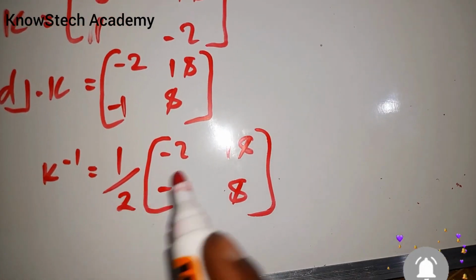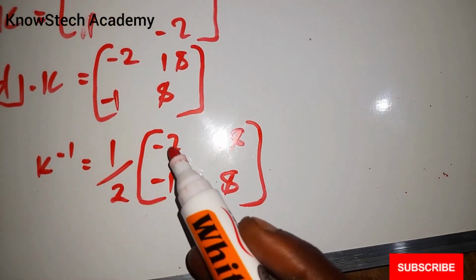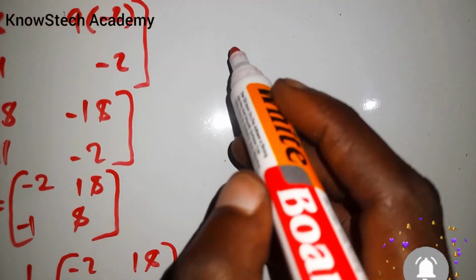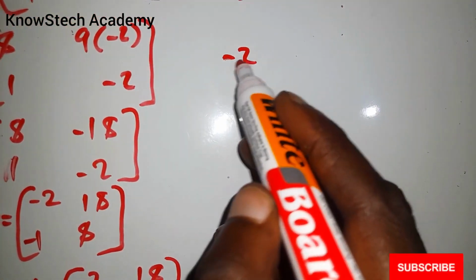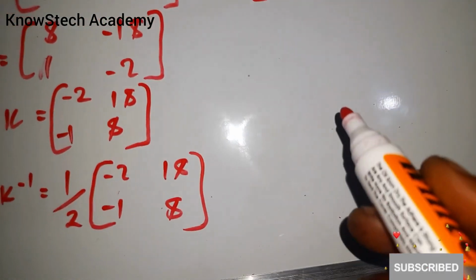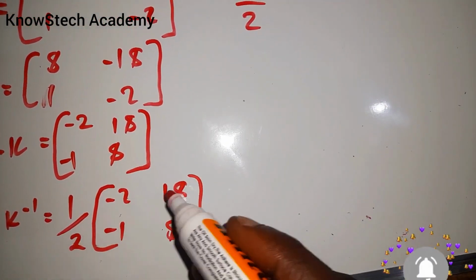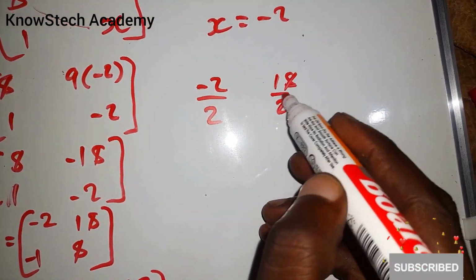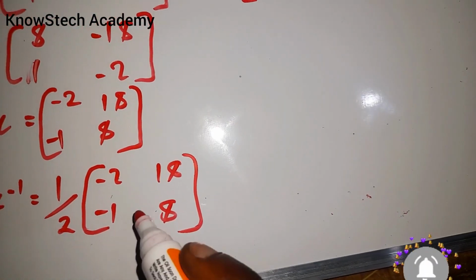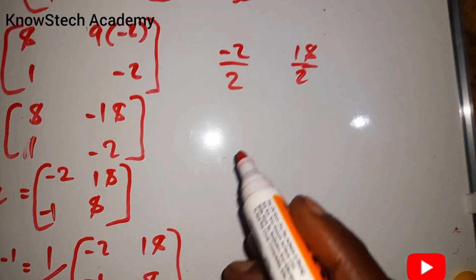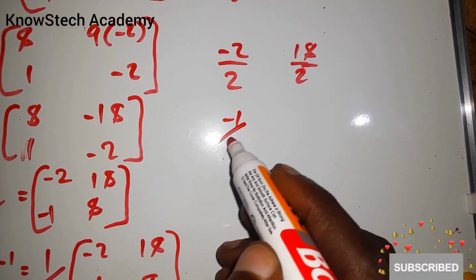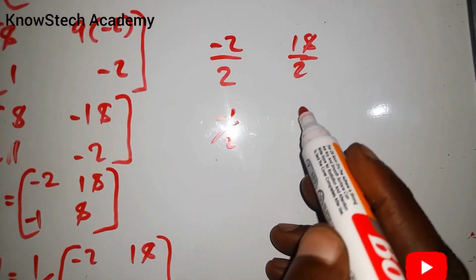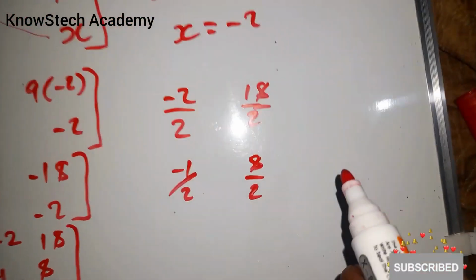Okay, then you simply multiply. 1 times -2 will be -2 over 2. Here, 1 times 18 will be 18 over 2. -1 times 1 will be -1 over 2. 8 times 1 will be 8 over 2.